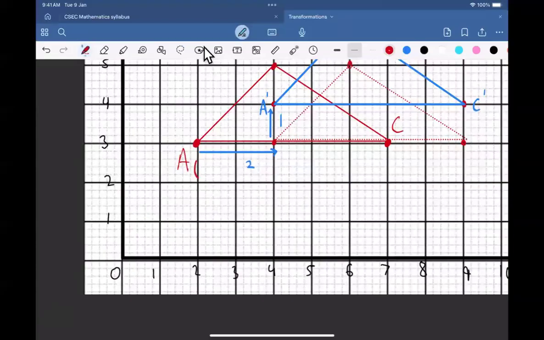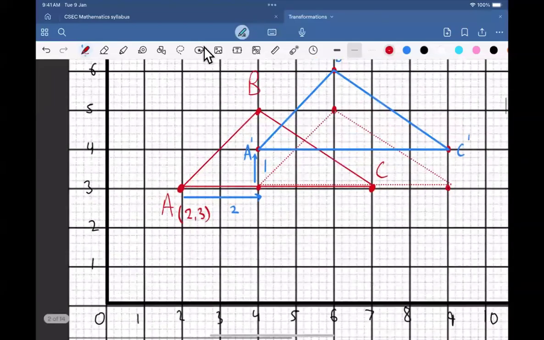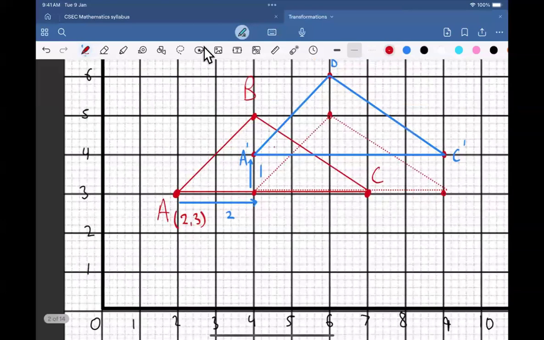In the previous question, what was point A? Point A was 2, 3. And what was A prime? That was when we moved it. A prime was 4, 4.